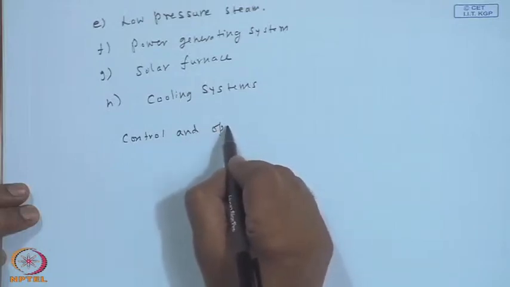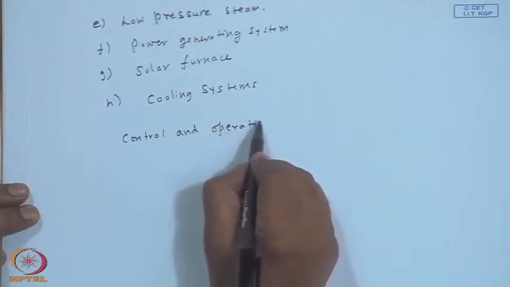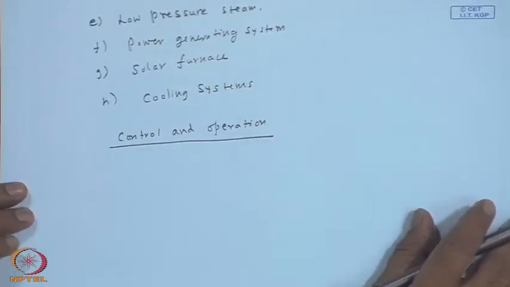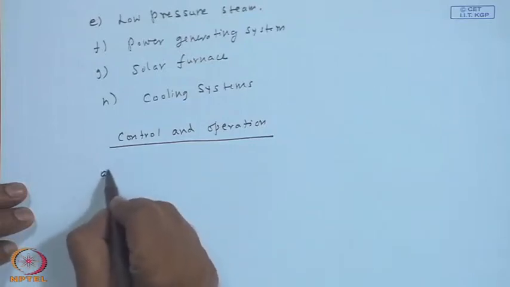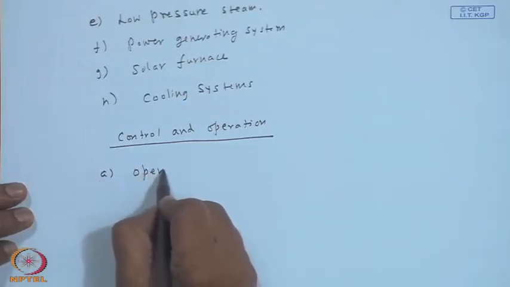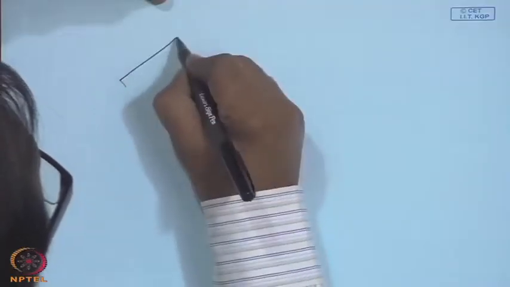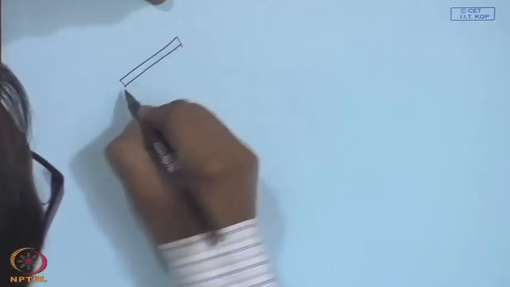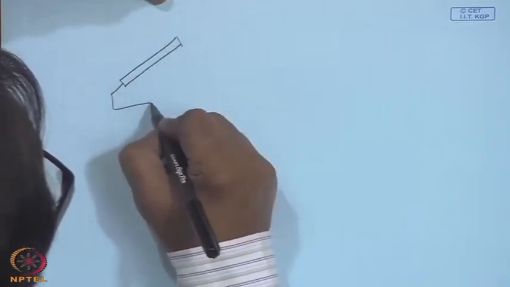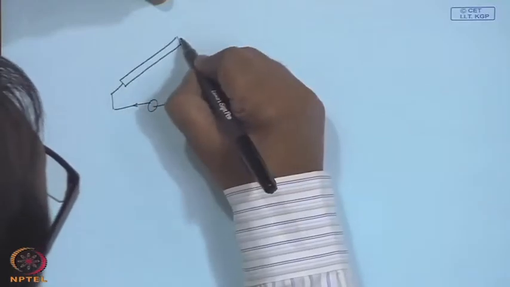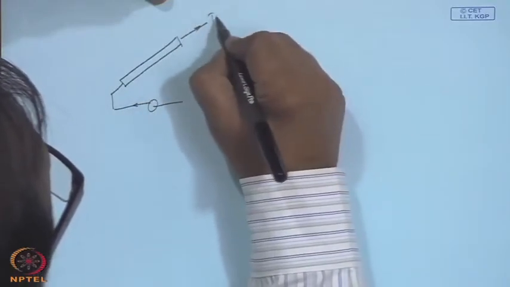From the efficiency point of view or the effectiveness point of view, though not necessarily from the classification point of view only, you can have an open loop, say for example, you have got a collector, there is a pump to load.